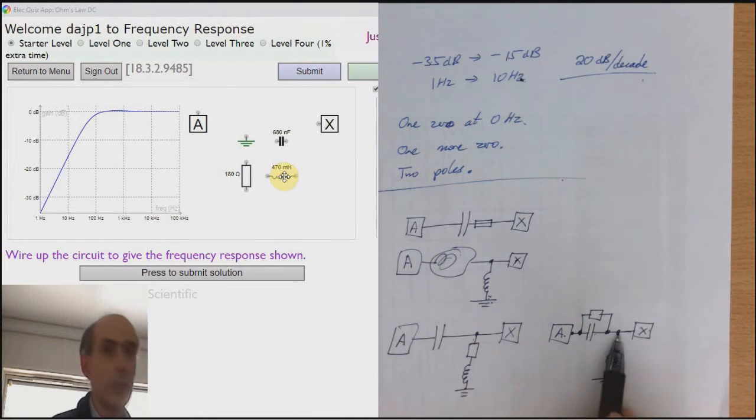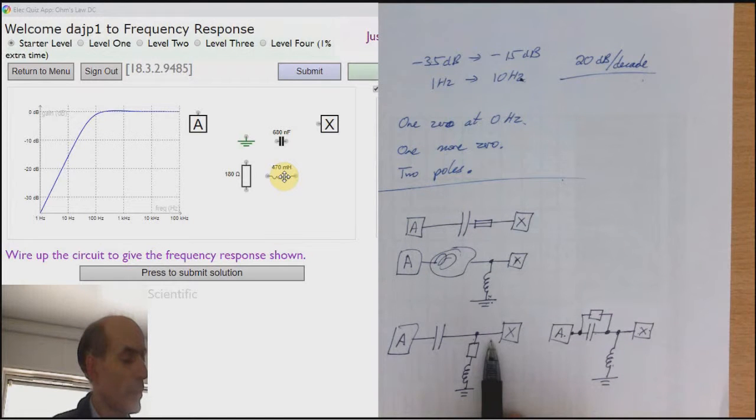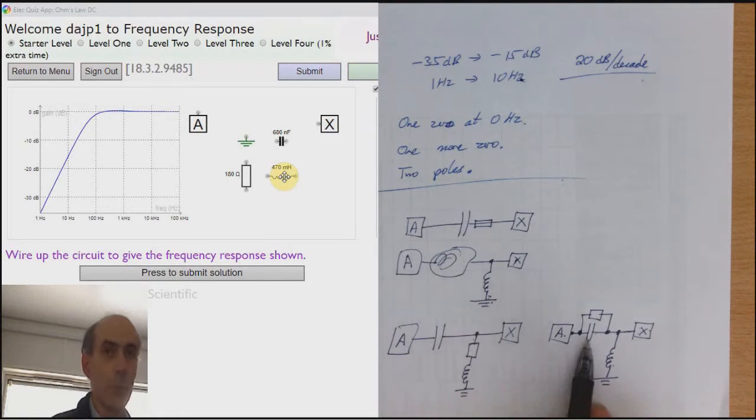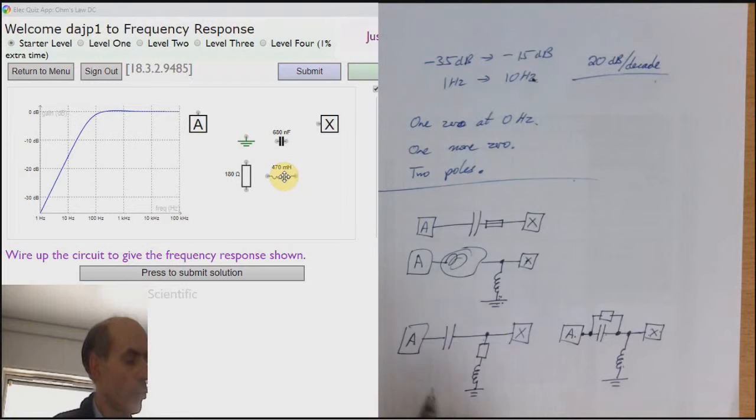So each one of these circuits would give you a 0 at 0 Hertz, another 0, and 2 poles. Question is, which one of these two circuits gives you this frequency response?